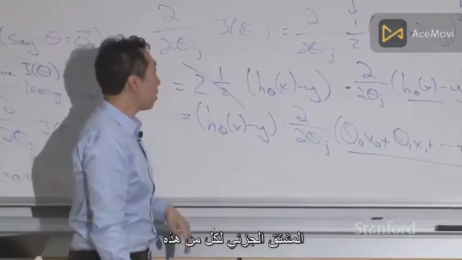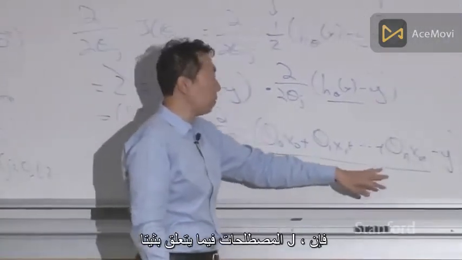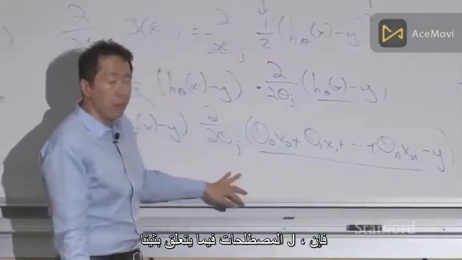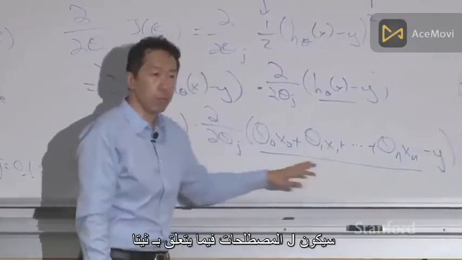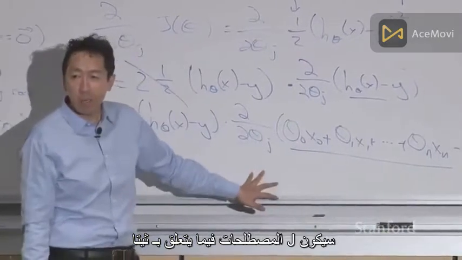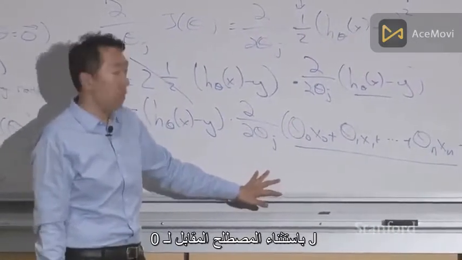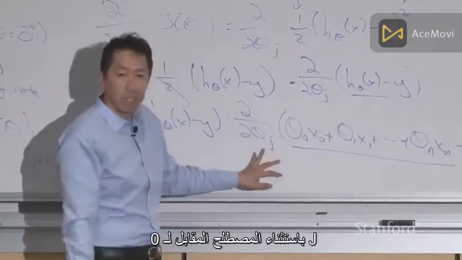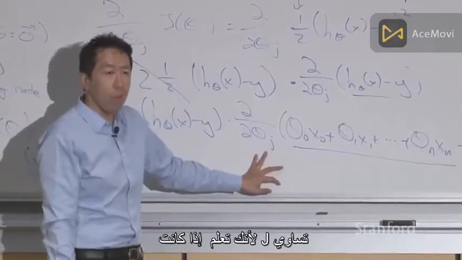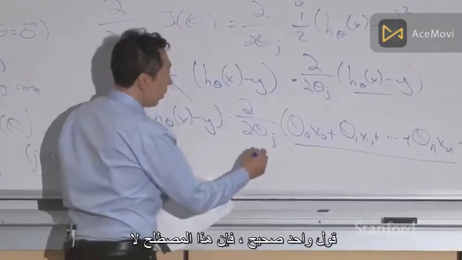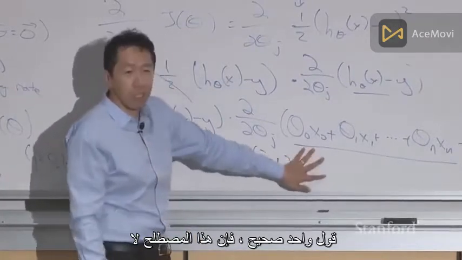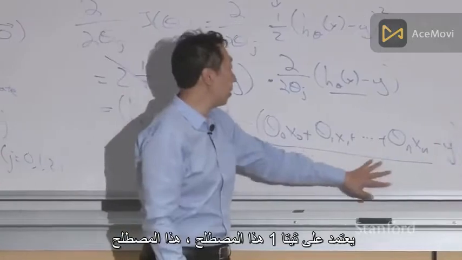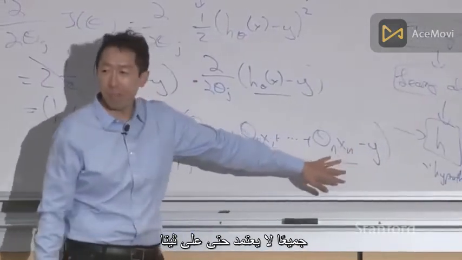So if you look at the partial derivative of each of these terms with respect to theta j, the partial derivative of every one of these terms is going to be 0 except for the term corresponding to j. Because if j was equal to 1, say, then this term doesn't depend on theta 1. All of these other terms do not even depend on theta 1.